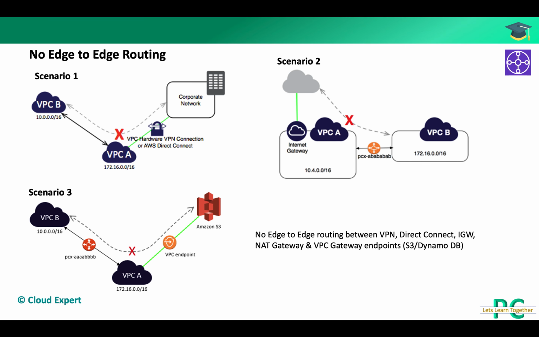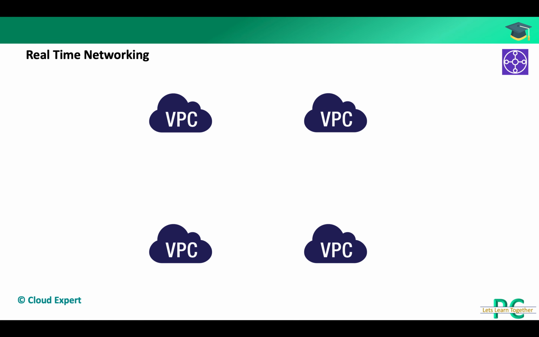And now let's see another problem. Let's say in your organization you have 4 VPCs, although in your actual organization you may have more, but just for simplification of the diagram, I have assumed 4 VPCs.